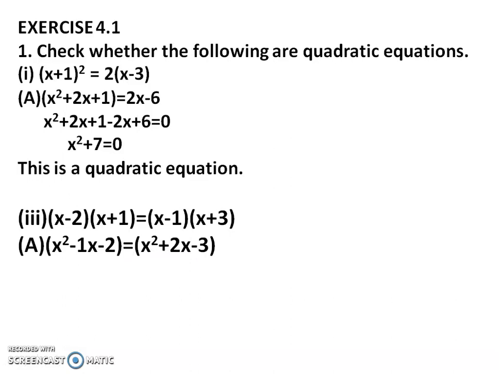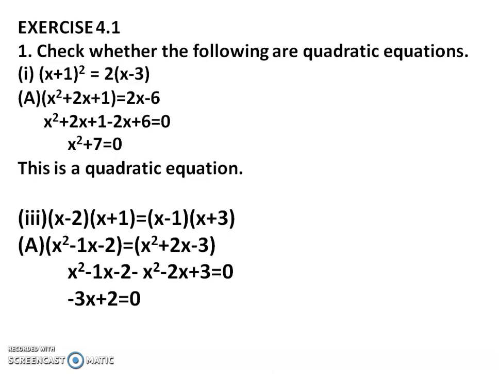You are going to take the entire terms to the left hand side and equate it to 0. You will get x square minus 1x minus 2 minus x square minus 2x plus 3 equal to 0. Simplifying, you will get minus 3x plus 2.